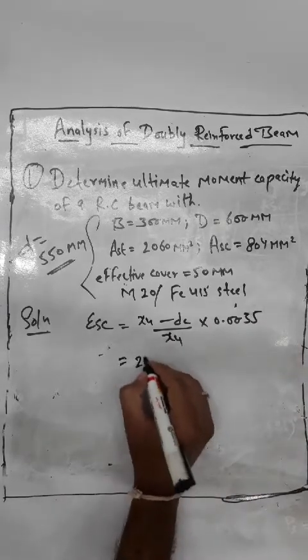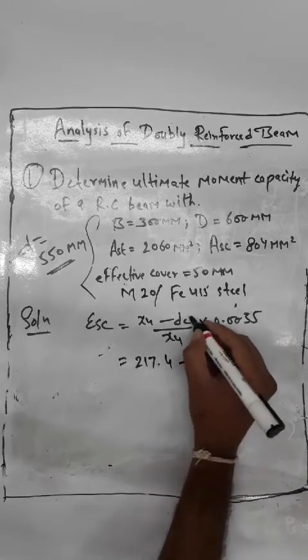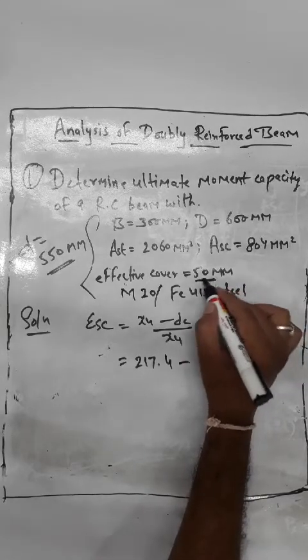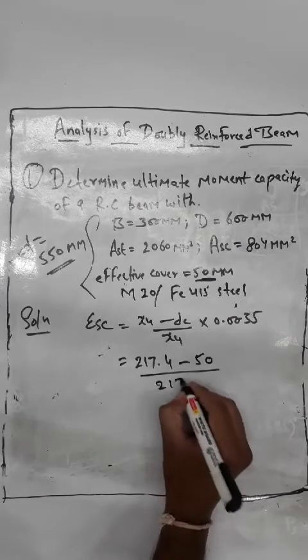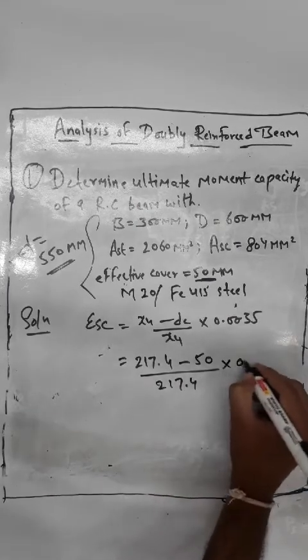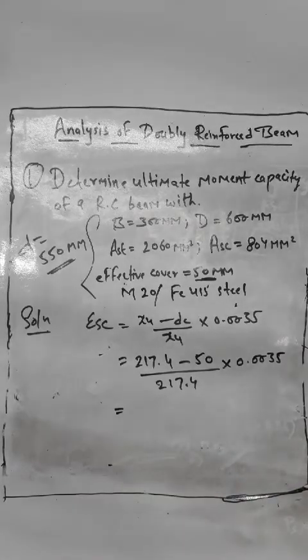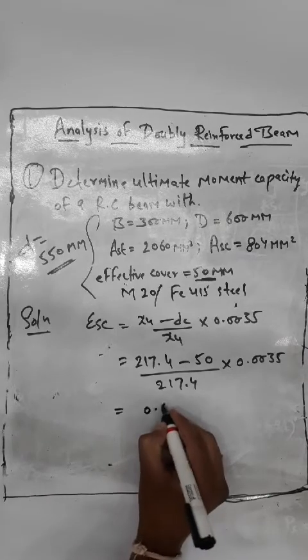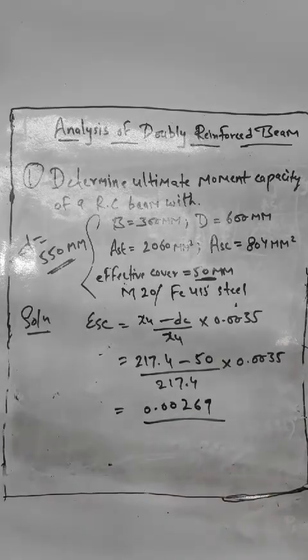So xu is 217.4 minus dc, where dc is the effective cover. Here the effective cover is 50 mm for both sides. So here we write 50 divided by 217.4 into 0.0035. So here we get 0.00269. This is the strain value we get from here.